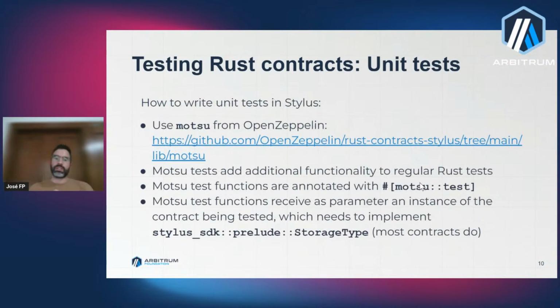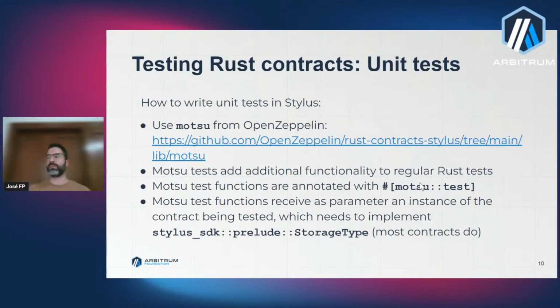So for this, we are going to use a library developed by OpenZeppelin that's called Motsu. Motsu adds additional functionality to regular Rust tests, okay? The reason we want this is because when we are testing a smart contract, we want to have easily available an instance of the contract initialized to be able to call methods on it, right?